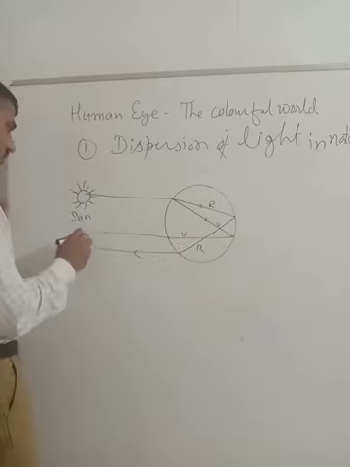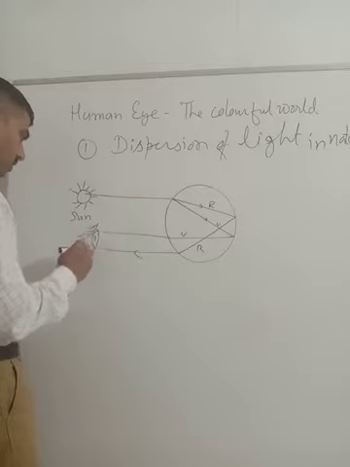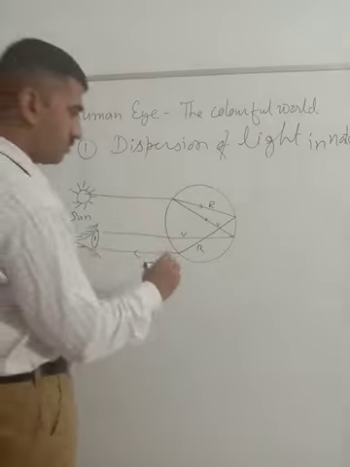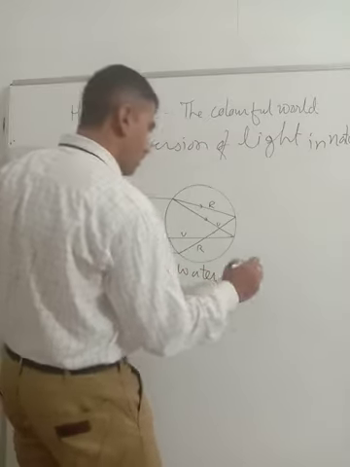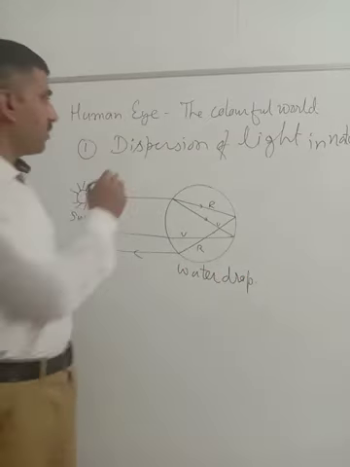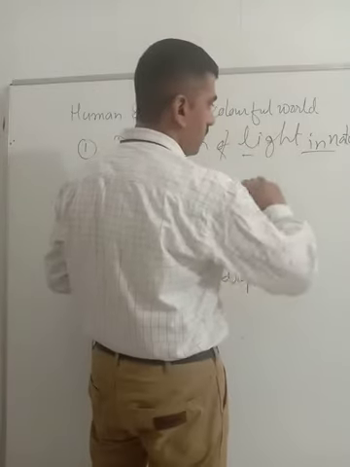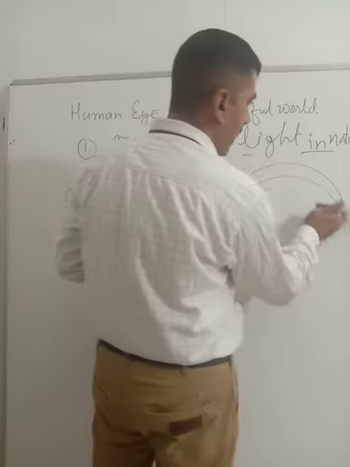So you can draw here a human eye which can see the different colors of the water droplets. So this is your water drop. What are the things responsible for a rainbow? Suppose this is the rainbow which we sometimes see in the sunshine after the rain.